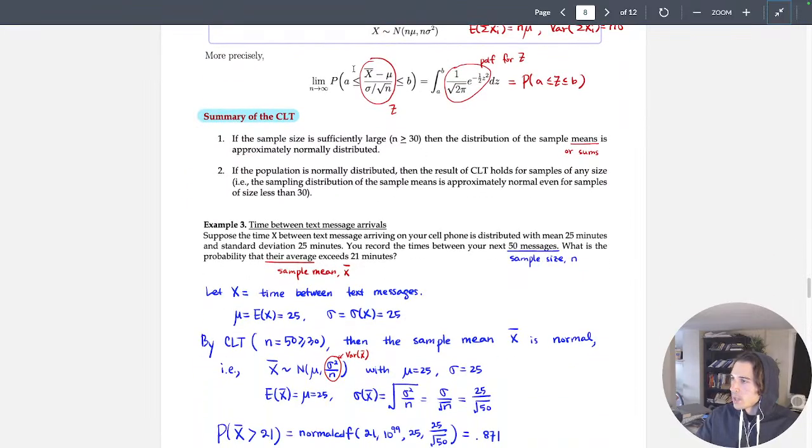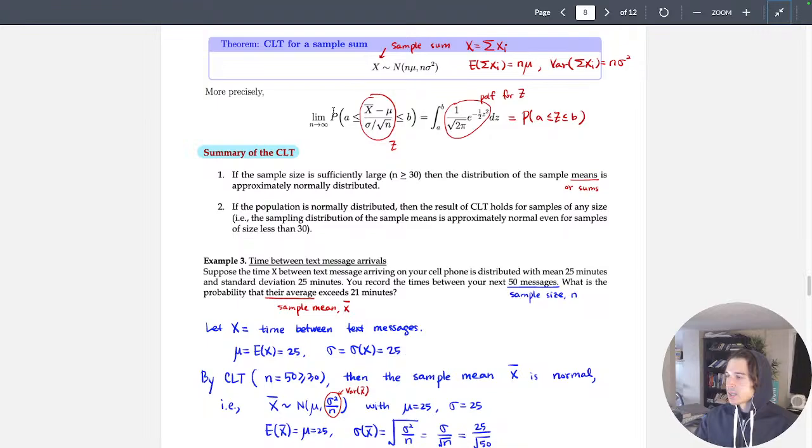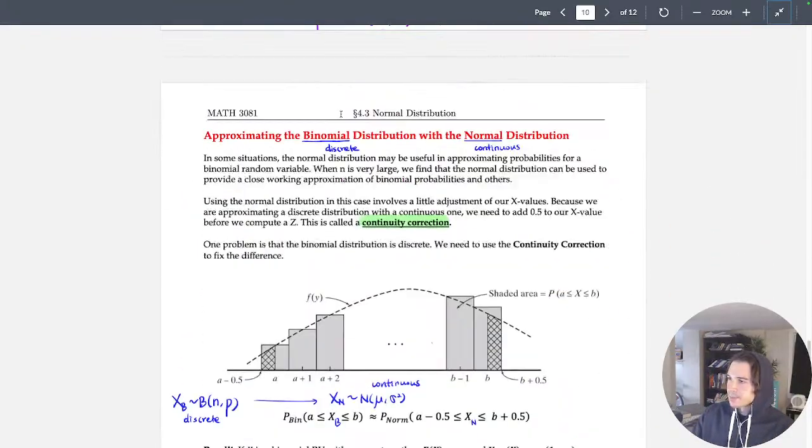Cool. And more precisely, as n approaches infinity, the probability that a is less than or equal to z, which is just x bar minus mu over sigma over square root of n, less than or equal to b, equals the integral. It's just the PDF for z. And simple stuff.